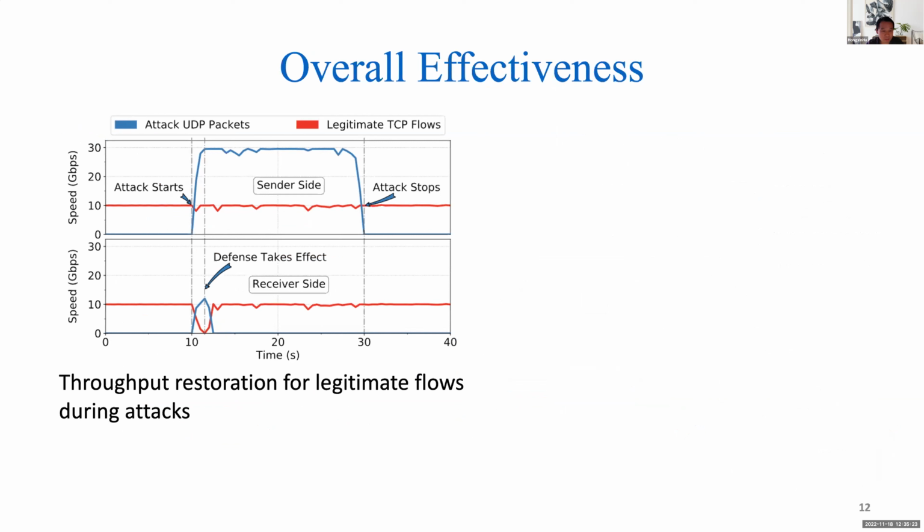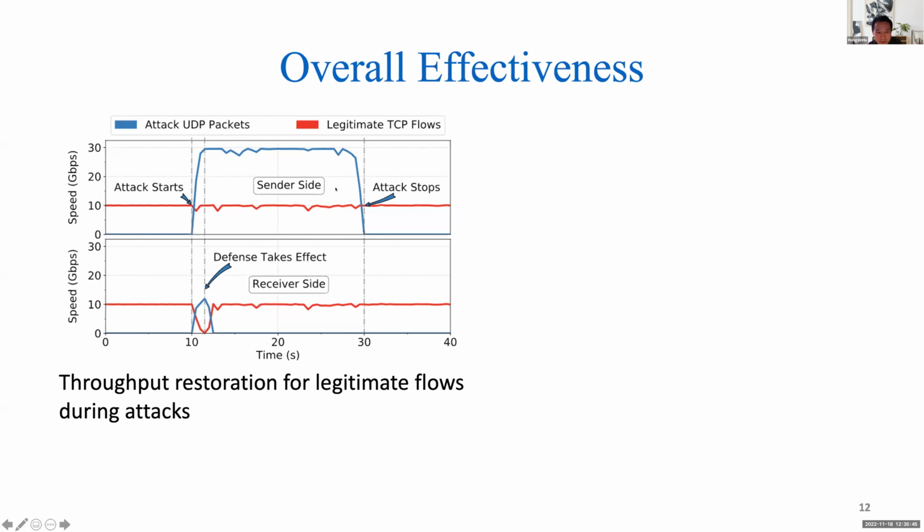We can see the first evaluation. This diagram shows the throughput. This is the original attack, where we use UDP packets to do a DDoS attack.